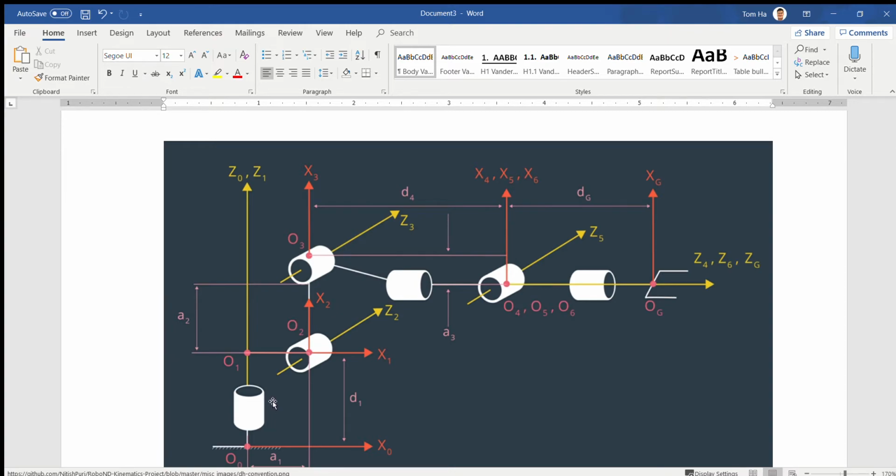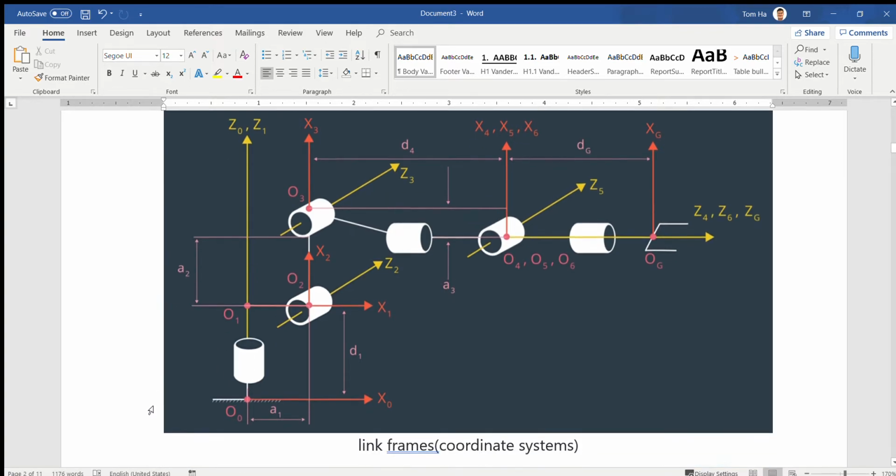How do we design the forward kinematics system right here? First things first, you have to know how to put the frame on each joint, how to use the DH convention and fill in the DH convention table before you jump to calculation and coding for the simulation, right?